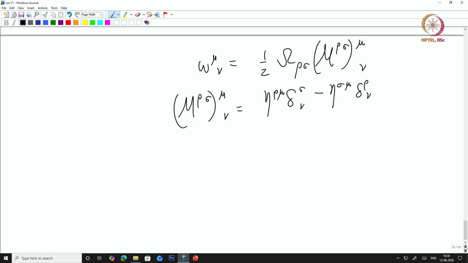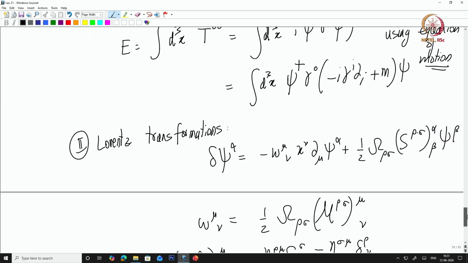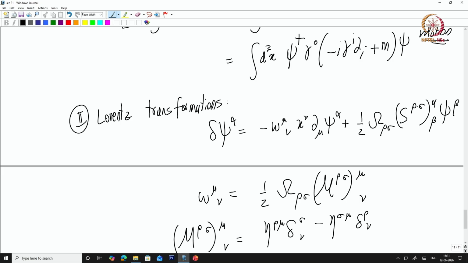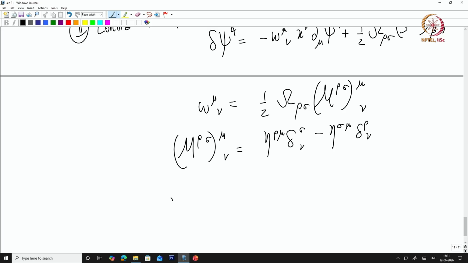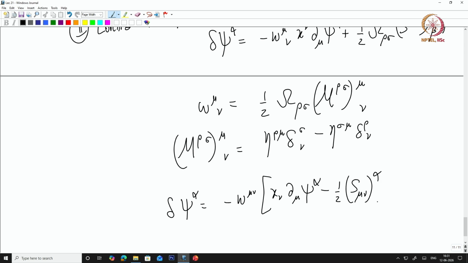Okay. So what you are seeing is that applying the Lorentz transformations, you end up looking at the variation in the Dirac field. You have delta psi alpha, the component, is equal to minus omega mu nu x nu del mu psi alpha, which is minus 1 by 2 S mu nu alpha beta psi beta.